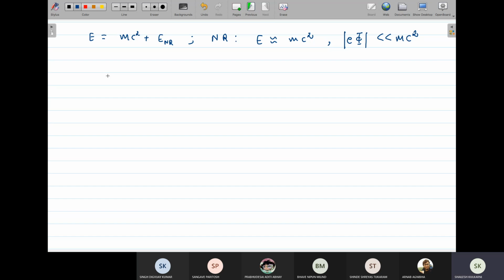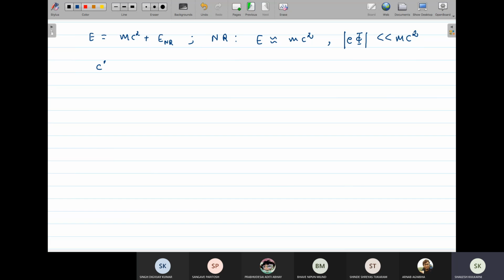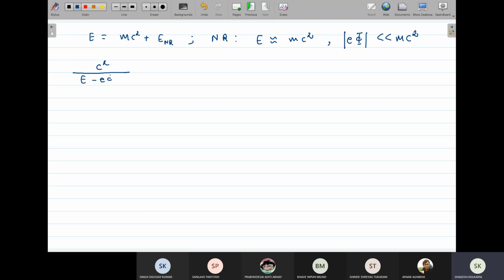So now let us concentrate on this factor: c square divided by E minus e phi plus mc square. This I can write as 1 over 2m, then 2m c square over this.